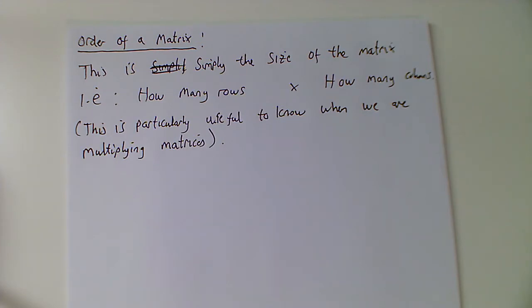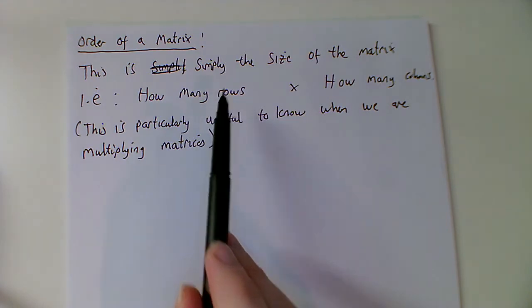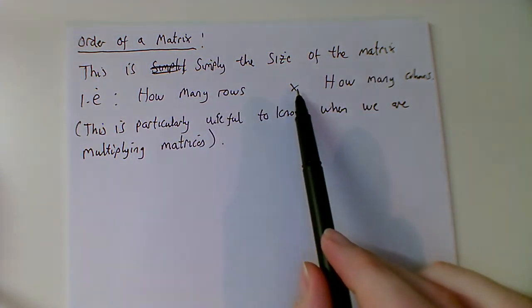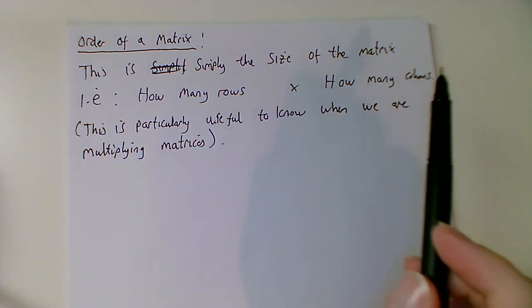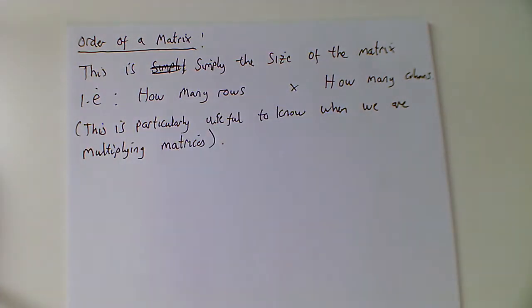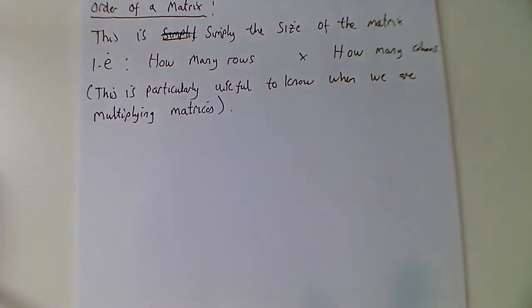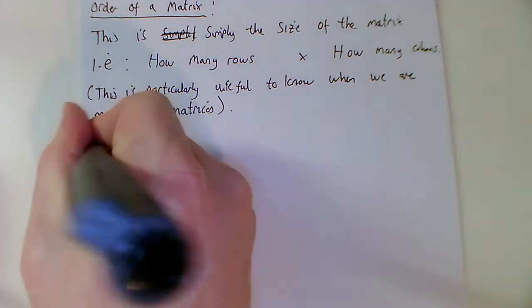Okay, so the order of a matrix is the size. It's how many rows by, the multiply sign just means by, how many columns. And as I said, this is particularly useful to know when we are multiplying matrices, and we'll get to that later on.